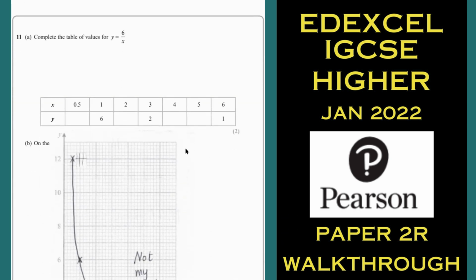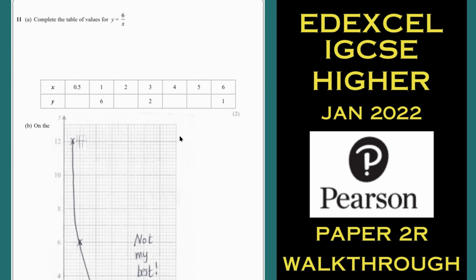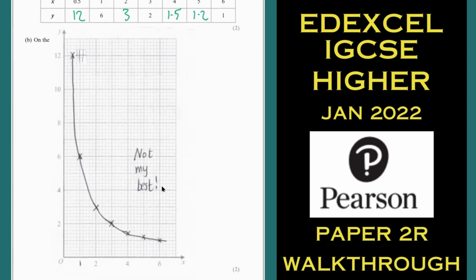Next, number 11. Yeah, I had a nightmare on this, but never mind. If you need to, use your calc, substitute in, find the gaps. 6 divided by a half is 12. 6 divided by 2, 6 divided by 4. Now it gets a bit harder to plot. We get 1.2.